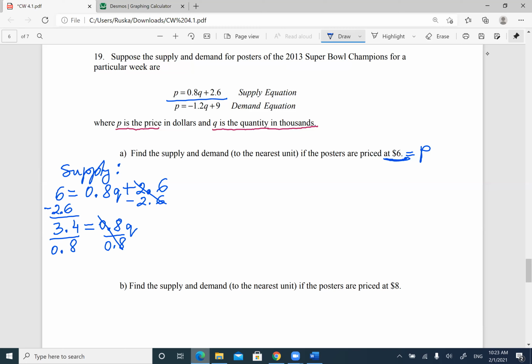So 3.4 divided by 0.8 is 4.25. So Q equals 4.25. So that means you're multiplying it by 1,000. So at a $6 price, the supply is going to be how many?